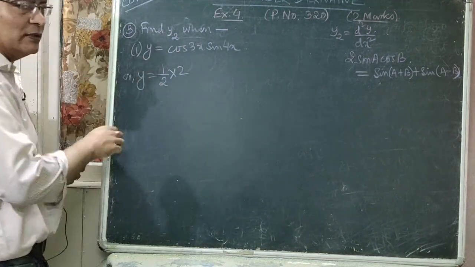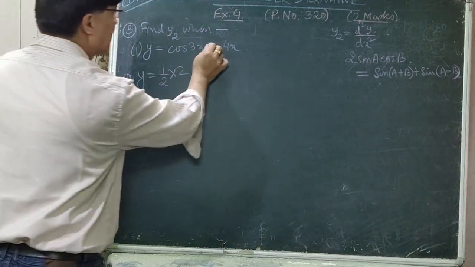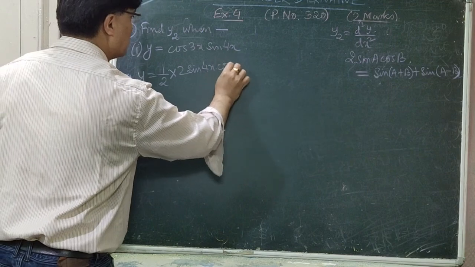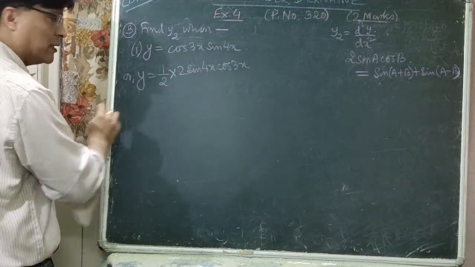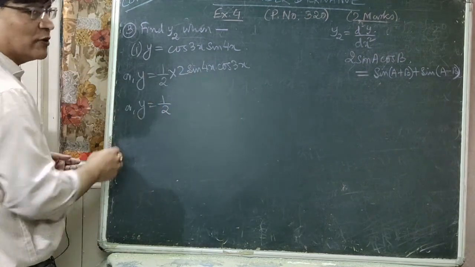because there is no 2 here, we write 2 and then cancel it by writing into half. So write down the greater angle first, that is sine 4x into cos 3x, right? So y is equal to half. You can use a formula here.